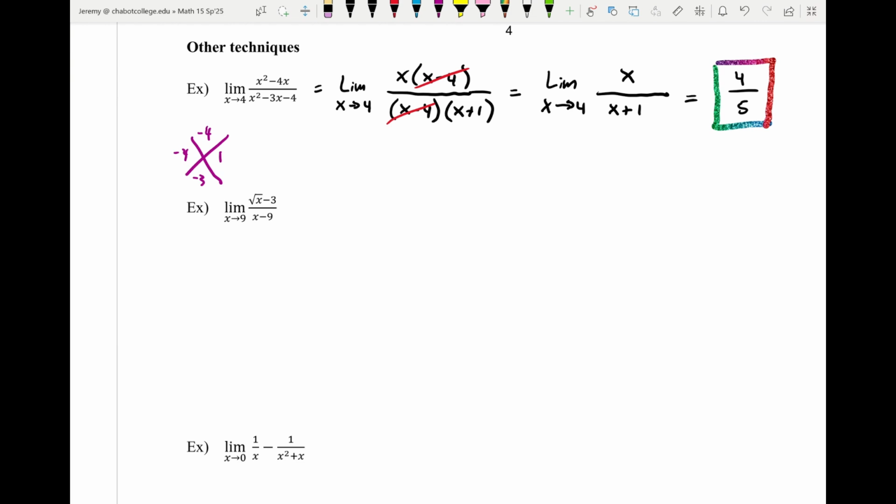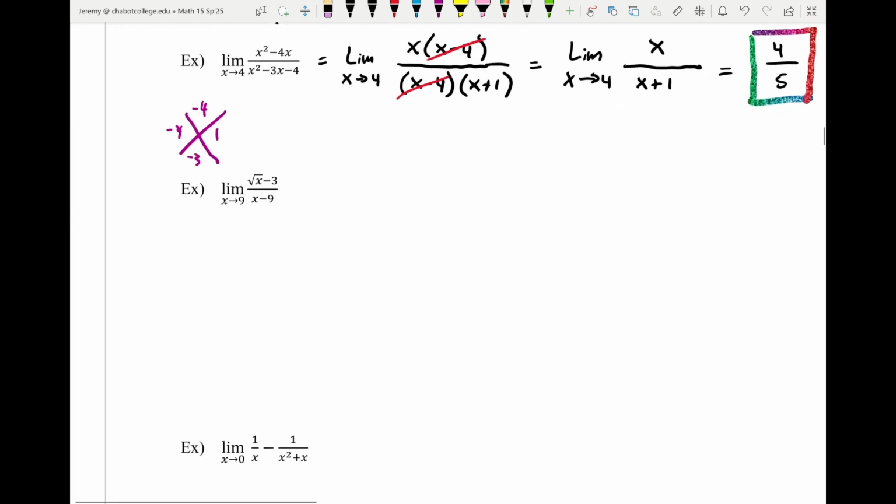You might think about trying to factor. It turns out you can get creative and factor this denominator, but I wouldn't necessarily recommend that approach because we have a nicer one, or one that's a little more intuitive, I think. So in the numerator, we have square root of x minus 3.